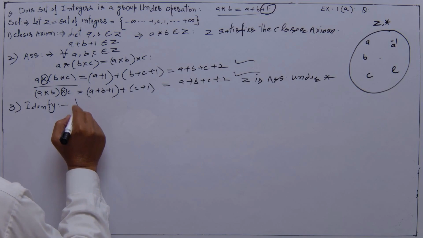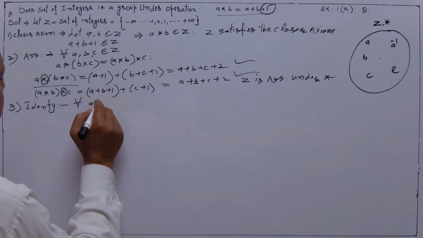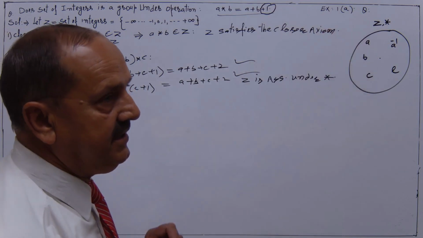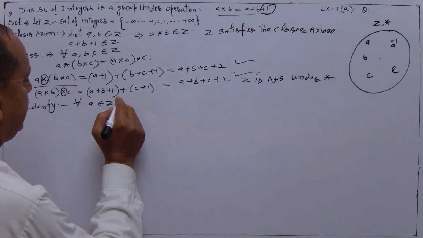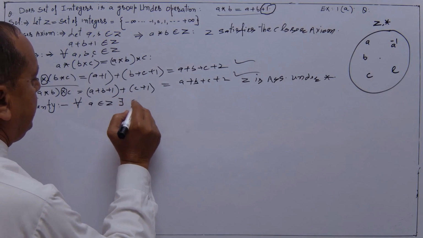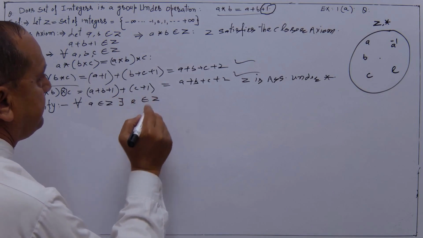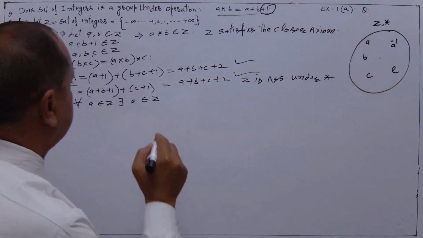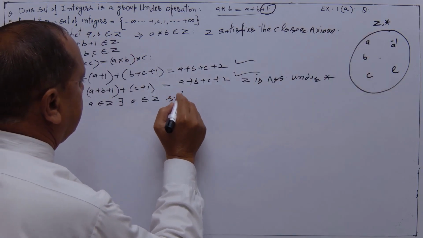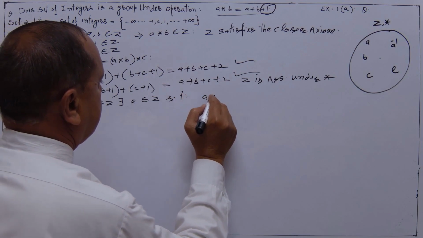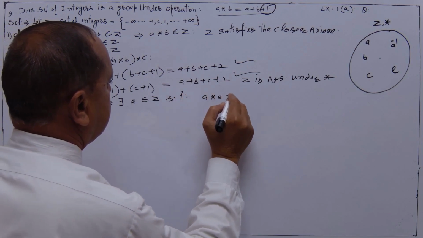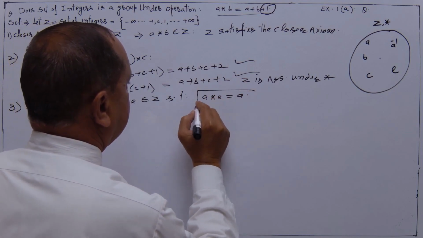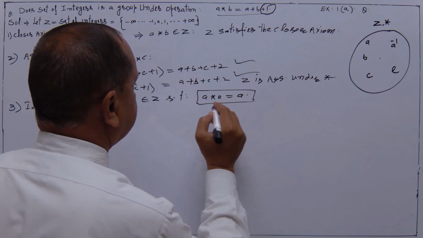For every A belonging to Z, there exists an element E which also belongs to Z, such that A star E is equal to A. This is the condition of identity element.